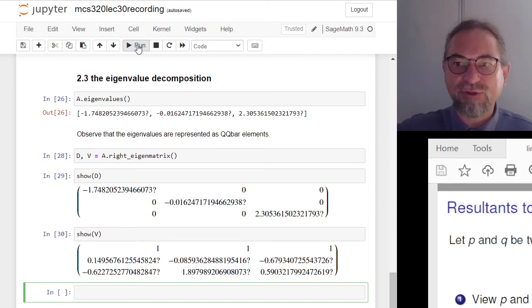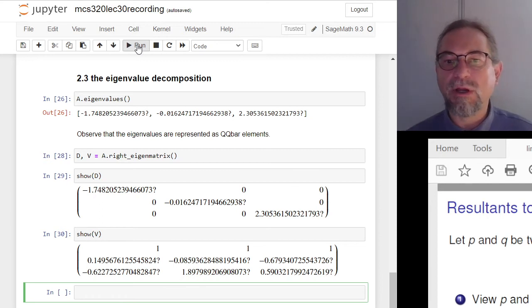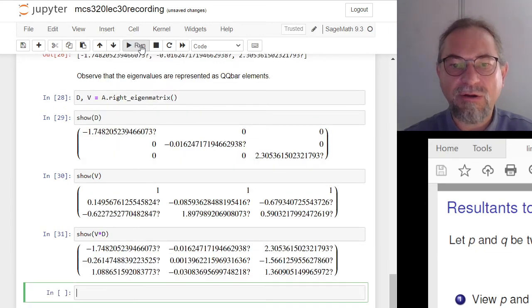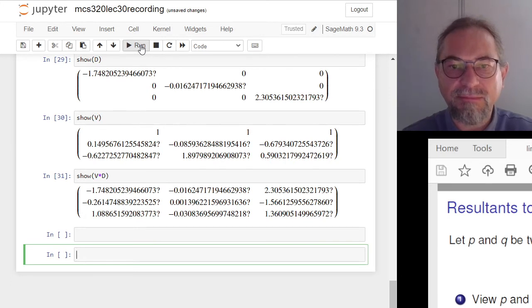The eigenvectors are up to a constant, and they are normalized such that the first coefficient is 1. Okay, so what is then V times D, if I take the product of the matrix of eigenvectors with the diagonal matrix.